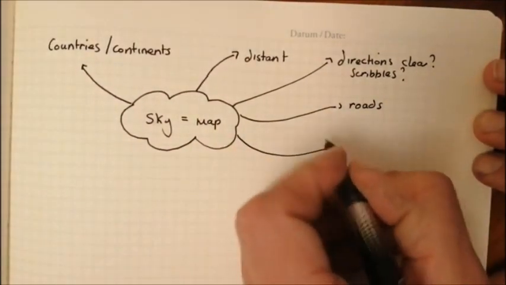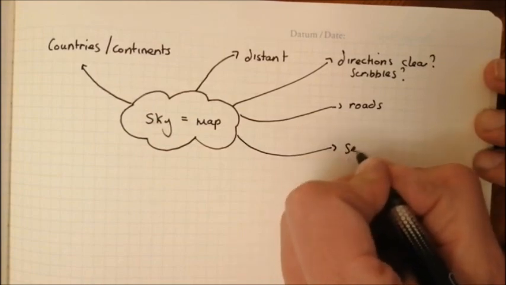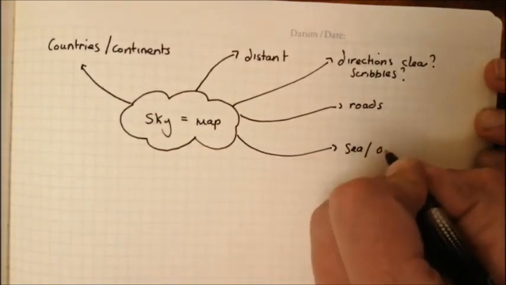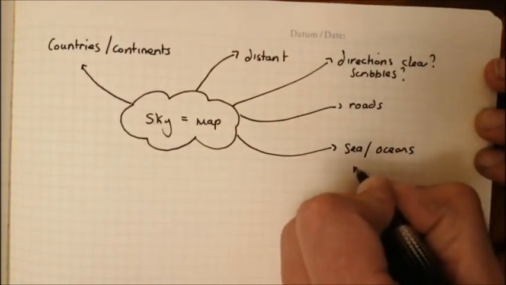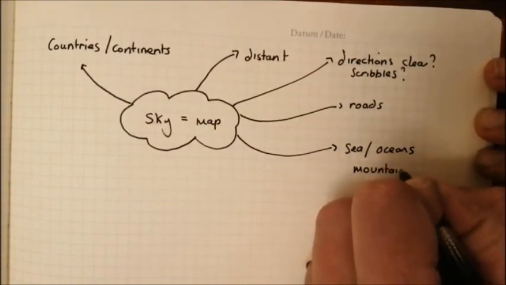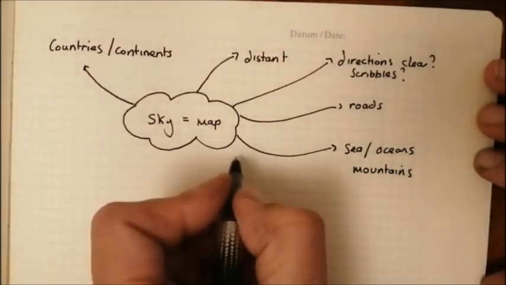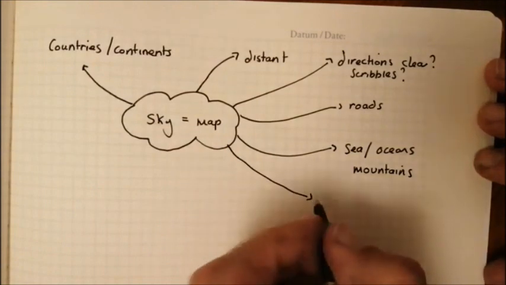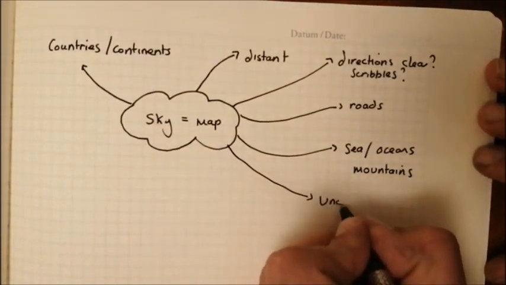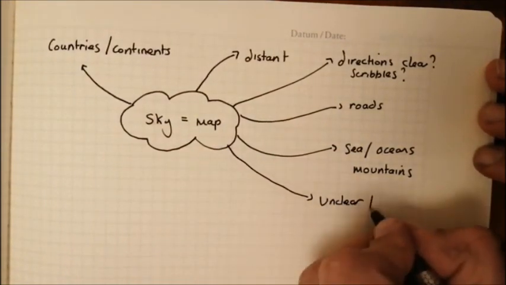Then I've got this idea that I can see the sea, or I can see oceans, maybe even mountains in the clouds. But again, those clouds aren't obvious. I don't know where they're going.